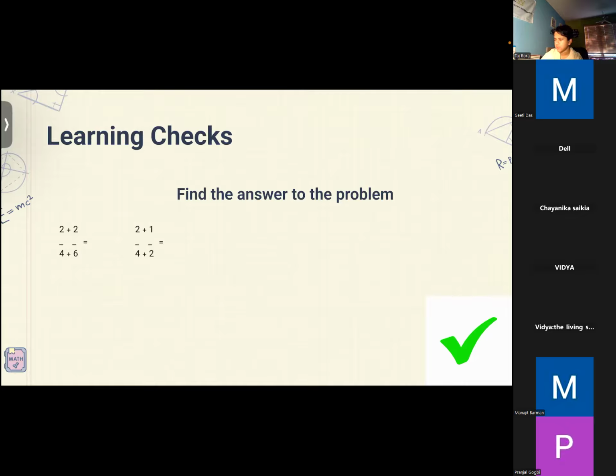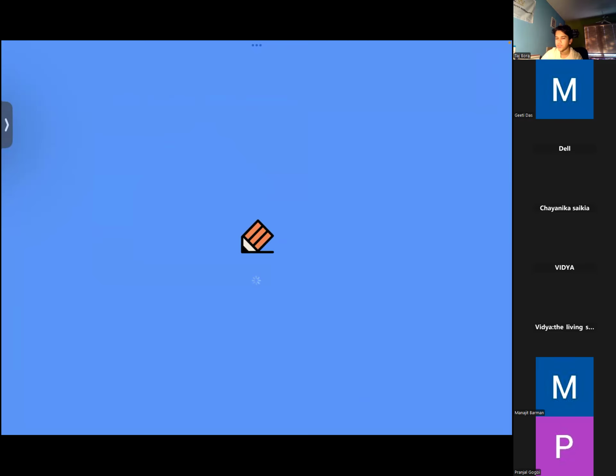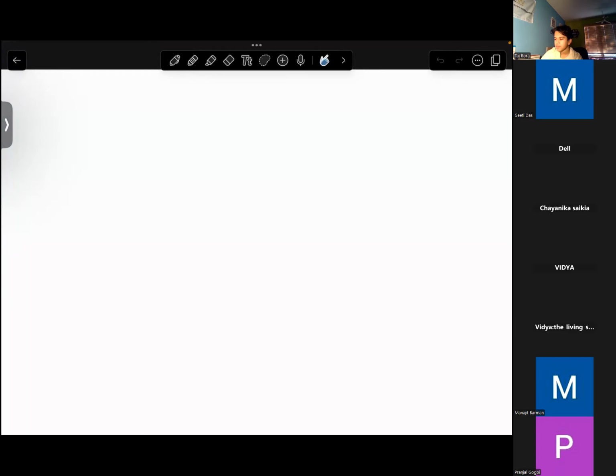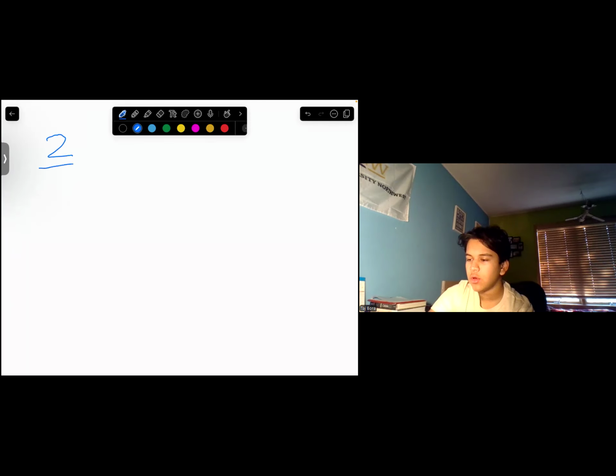So I will show now how to do these problems. So the first one is 2 over 4 plus 2 over 6. These dashed lines are trying to represent a fraction. So the question is saying 2 over 4 plus 2 over 6.